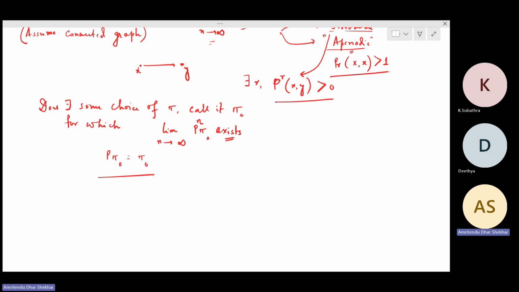Okay, and the answer is yes. There exists a choice of pi 0 for which this is actually true. So what is that choice of pi 0?